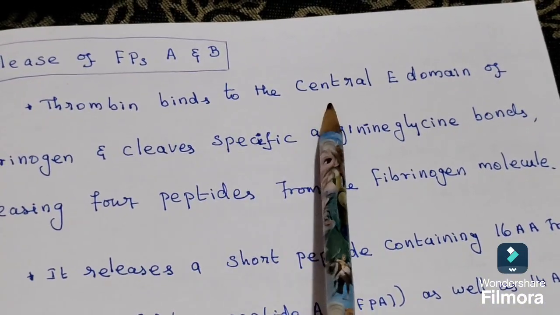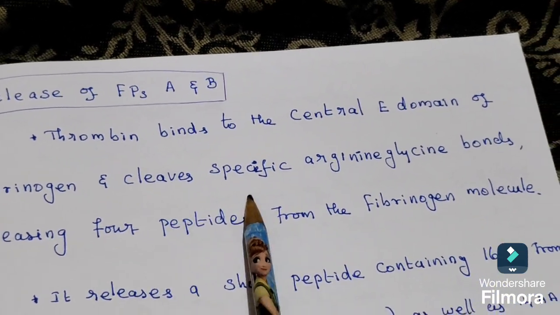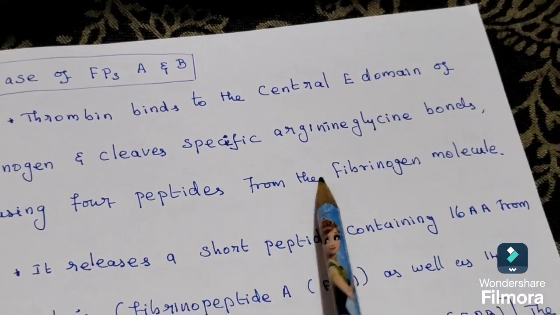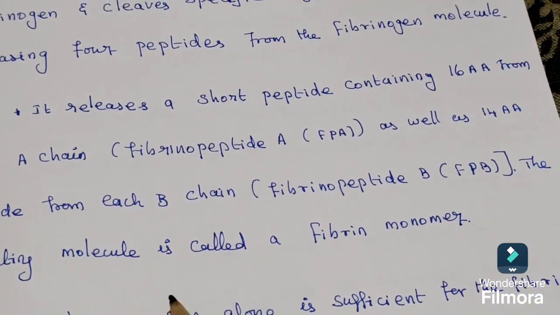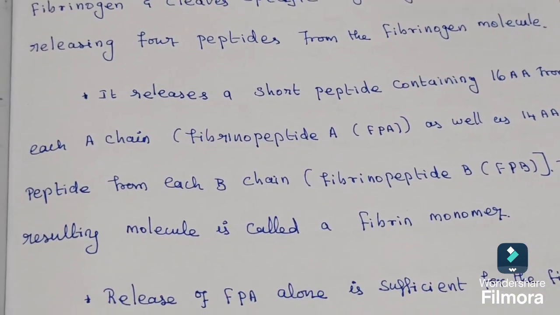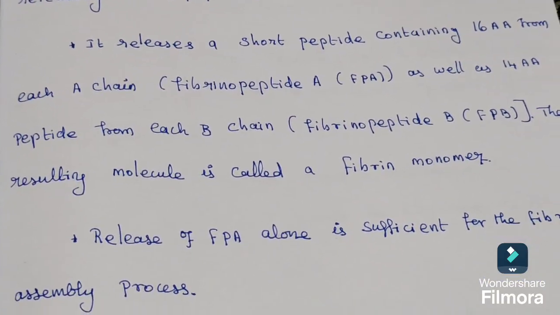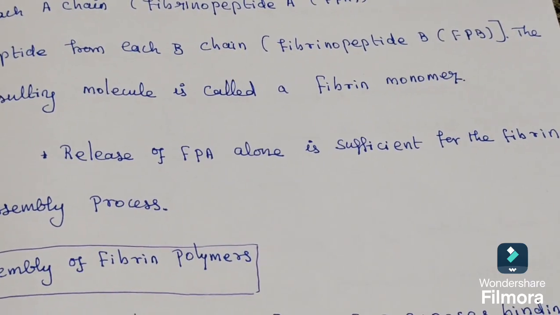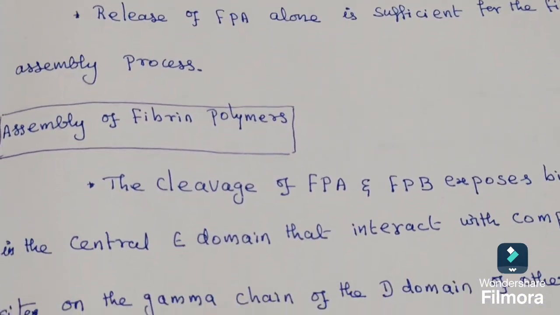It releases a short peptide containing 16 amino acids from each A chain, as well as a 14 amino acid peptide from each B chain. The resulting molecule is called fibrin monomer. The release of FPA alone is sufficient for the fibrin assembly process.